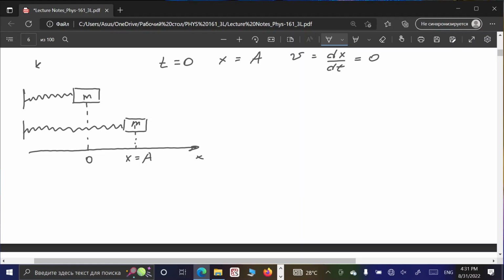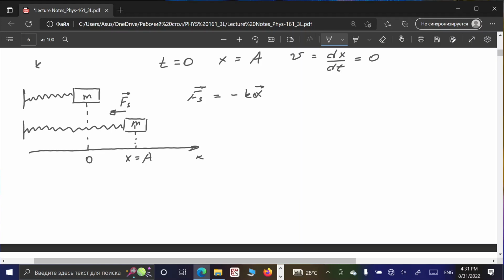Now, since this system is out of the equilibrium condition, there will be some force exerted on this block, and that will be the spring force. The spring force is defined as follows. It's equal to minus k times the displacement vector, so we can write delta x. What does it mean?